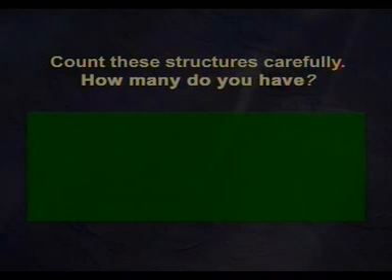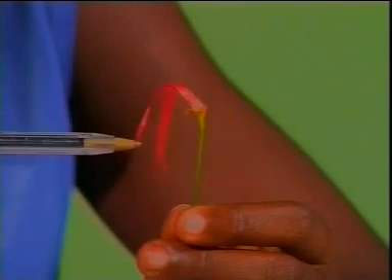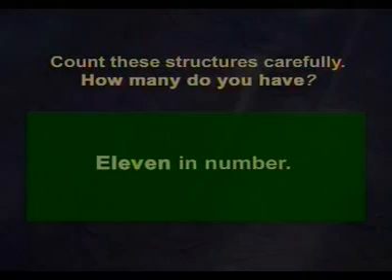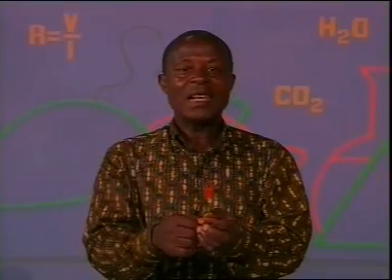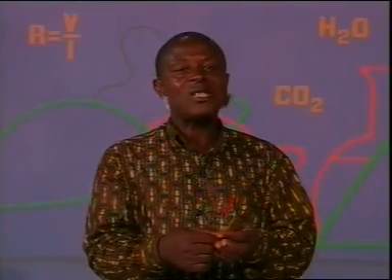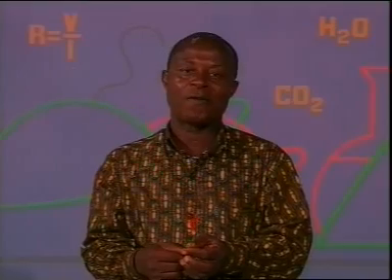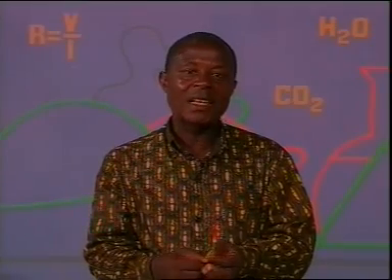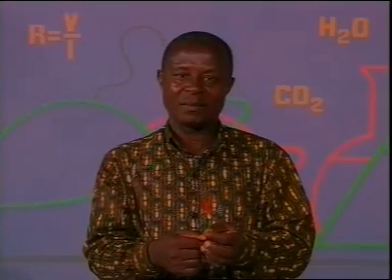Count carefully all the broom-like structures standing and tell me the number you have. 11. Yes, 11. These 11 structures are made up of 10 males and 1 female.